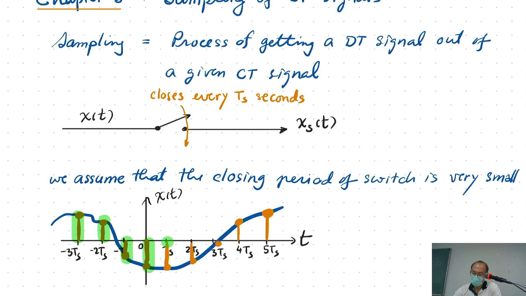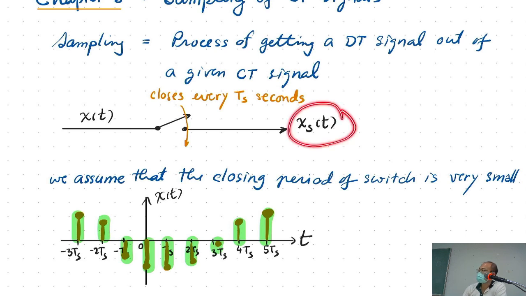You see, they occur at discrete times, every Ts seconds. The value of xs appears every Ts seconds. So if from this picture I erase the blue line, then this is going to be xs, the sampled signal. You got that, right?